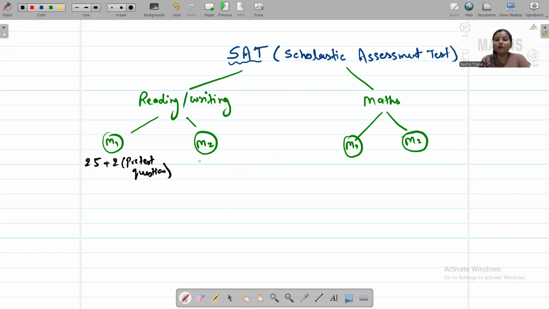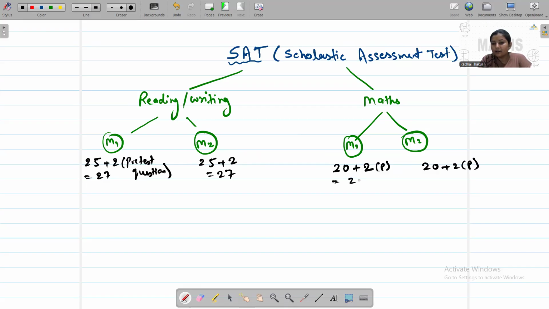Similarly, in module 2 also, you will get 25 questions plus 2 pre-test questions. That means a total of 27 questions. Now, if I talk about maths, in maths you get 20 questions plus 2 pre-test questions, right? Similarly, in module 2 also, you will get 20 plus 2 pre-test questions.